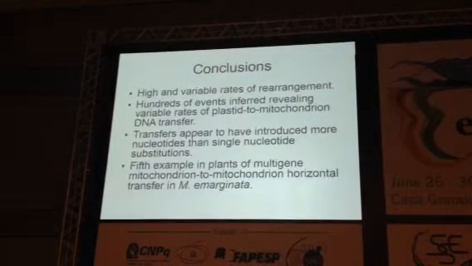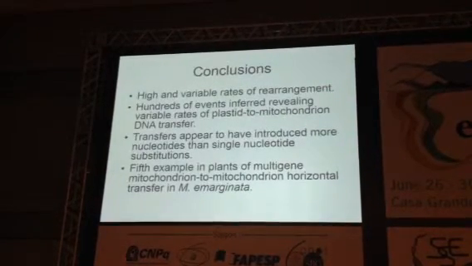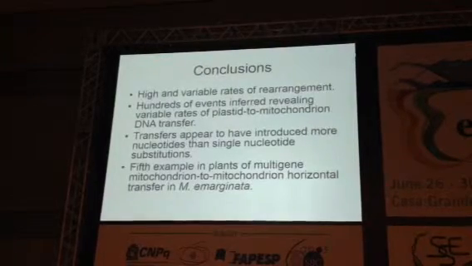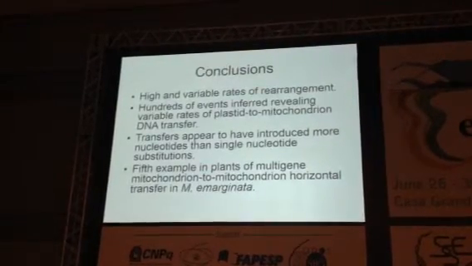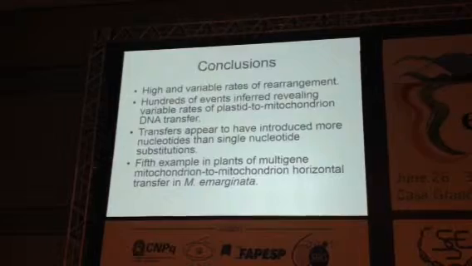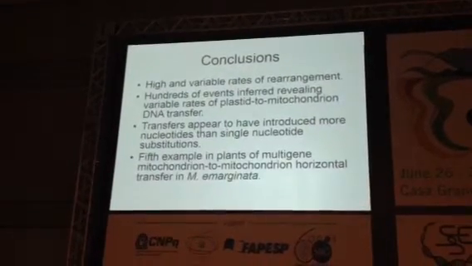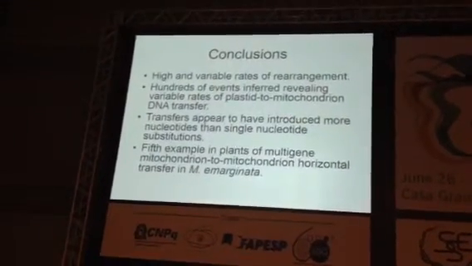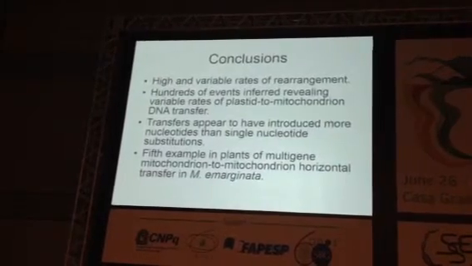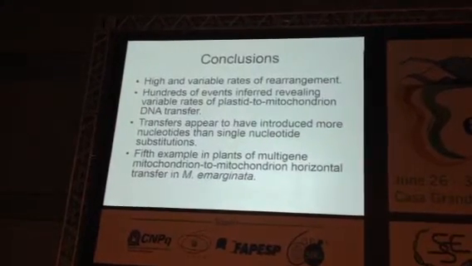And this horizontal gene transfer is actually only the 5th example in plants of multi-gene mitochondrial horizontal gene transfer in any plant ever. So there's lots of interesting stuff going on in these Monsonia mitochondrial genomes.